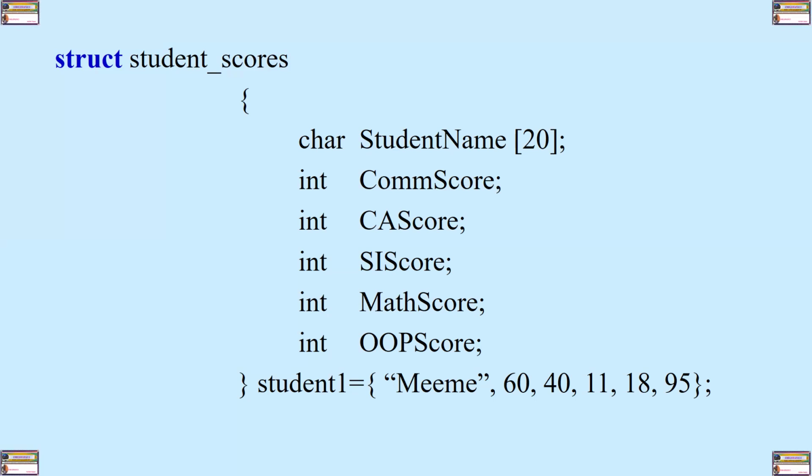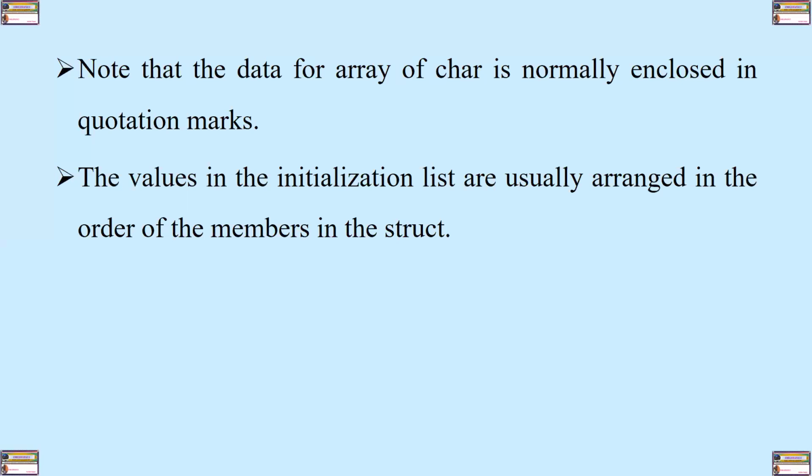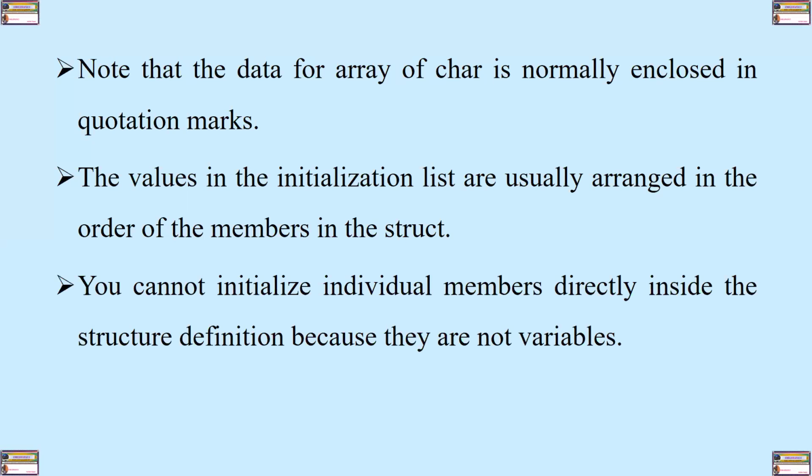So that's how you initialize the members of a structure directly within the code. Note that the data for an array of char is normally enclosed in quotation marks, just as I've said. The values in the initialization list are usually arranged in the order of the members in the struct, just as I have explained. You cannot initialize individual members directly inside the structure definition because they are not variables.